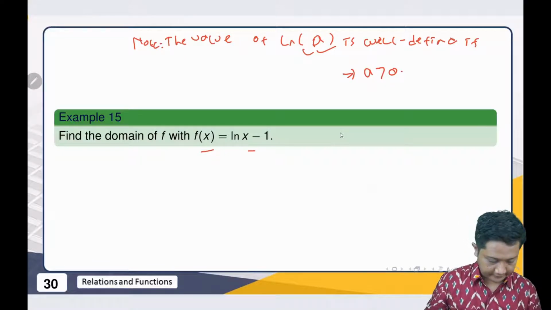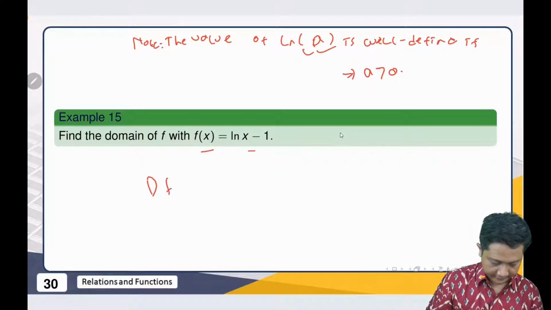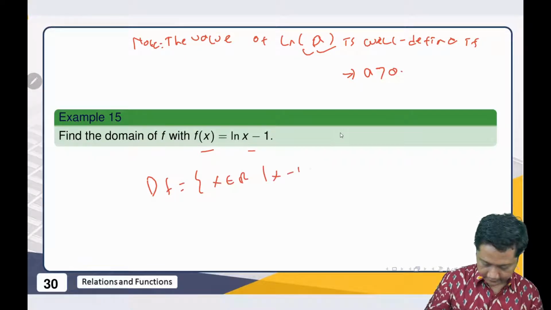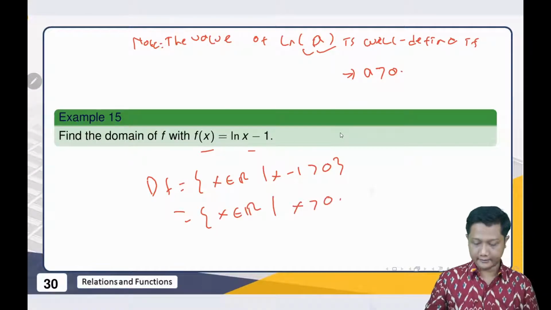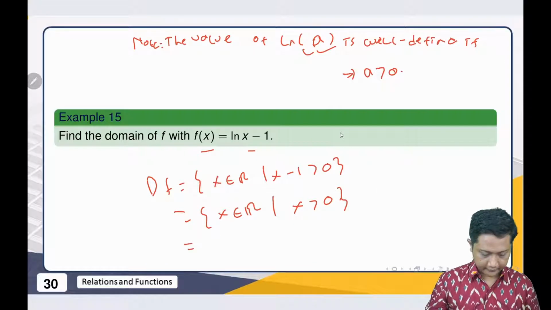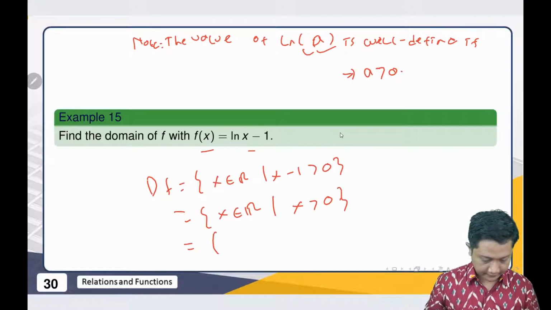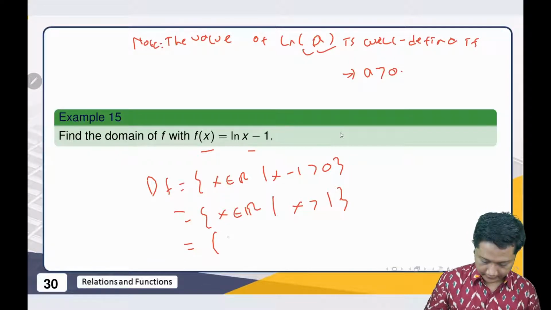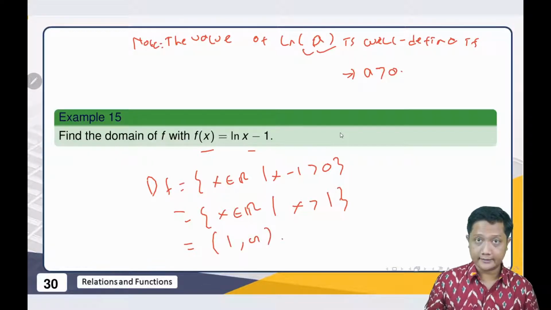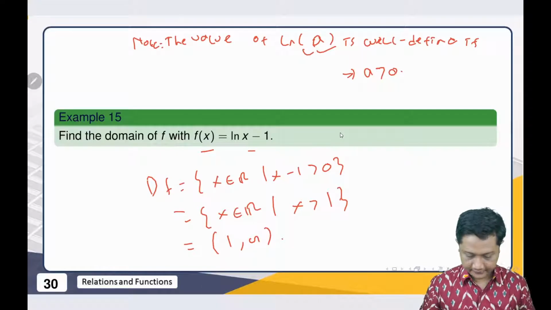So whatever is here, our domain df is every real number where x minus 1 is greater than 0. So we get x greater than 1. And if we write it in interval, we have 1 to infinity. So hopefully that's clear enough.